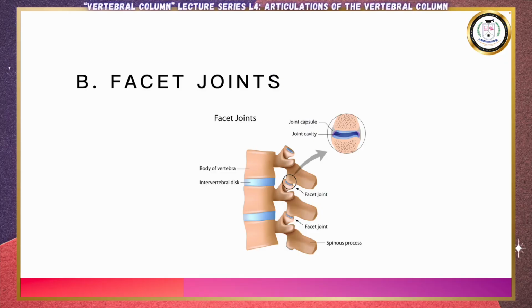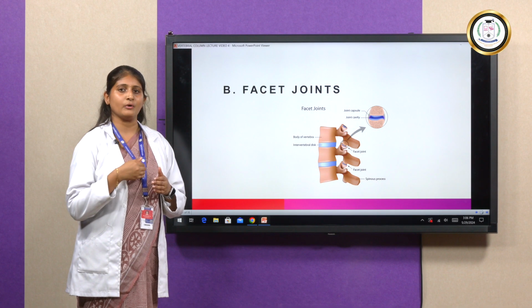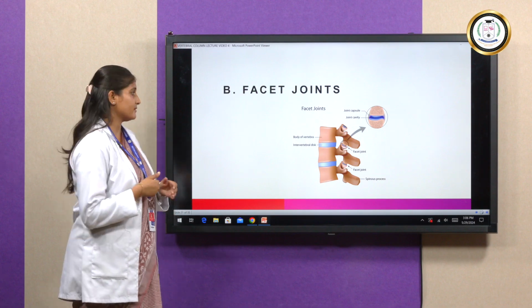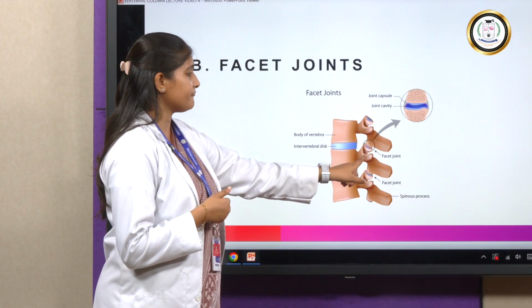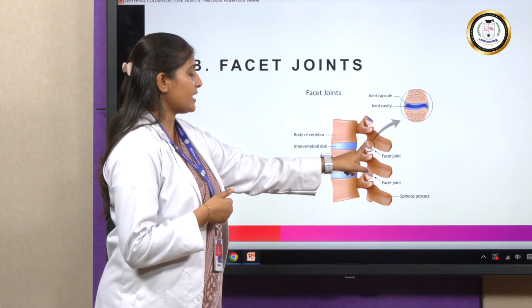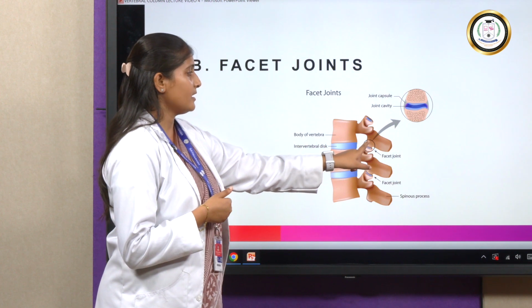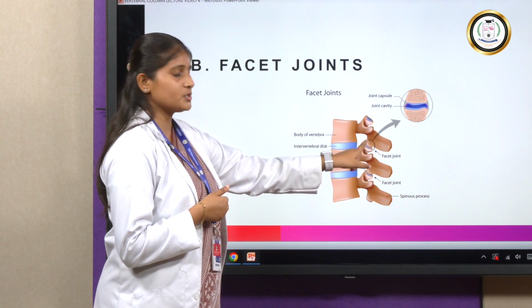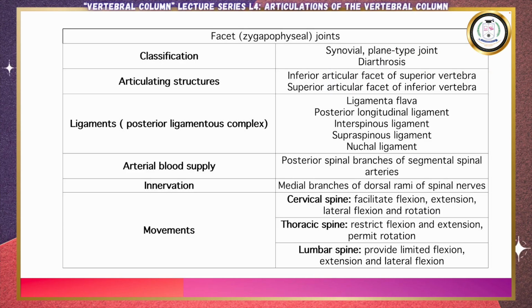Next we'll see about the facet joint. Facet joints are the articulation between the articular processes of the lamina and pedicle. So here we have the facet joint, which has the articular facets of the adjacent vertebrae. This facet joint is also known as the zygapophyseal joint.